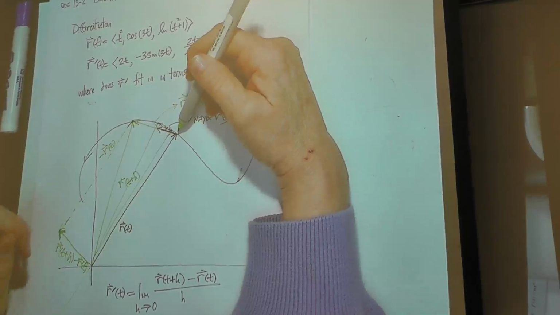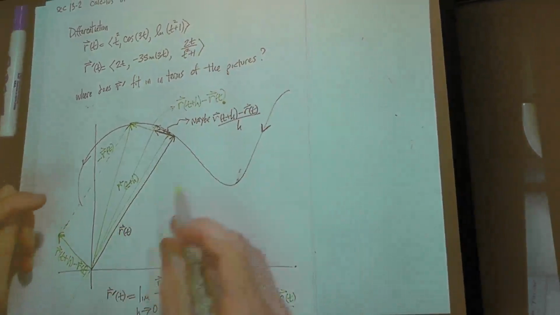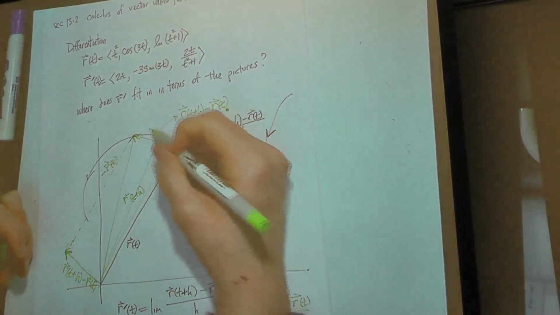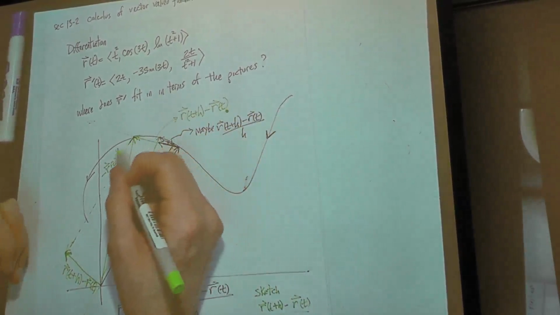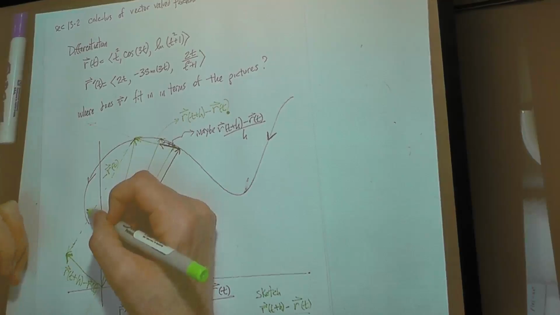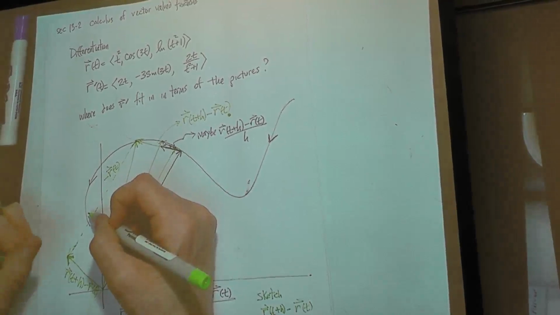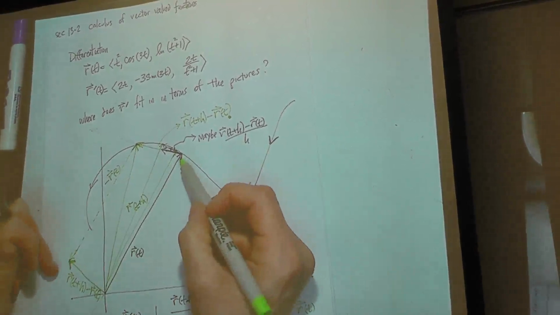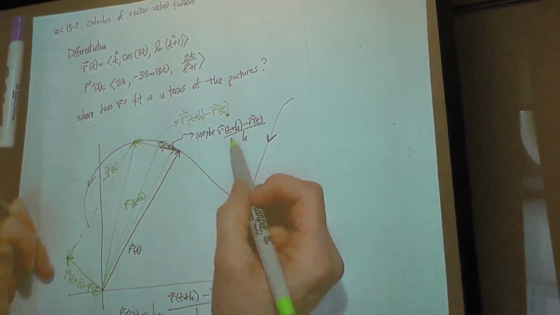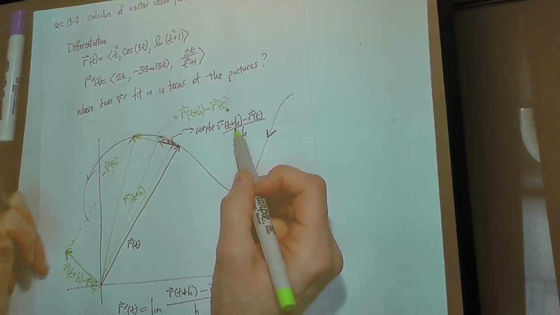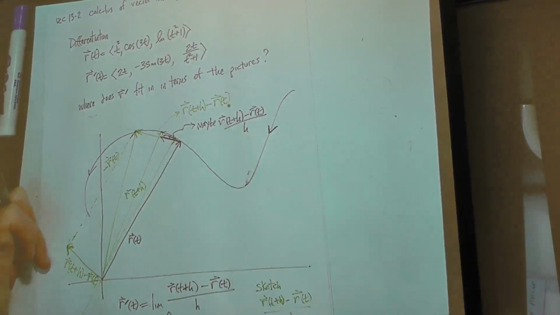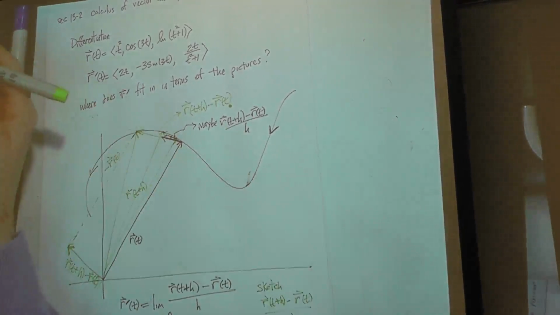One extra piece of information, it's not only tangent, but it points in the direction of motion of the particle. So had h been negative, we would have, prior to dividing by h, had a vector back this way, but dividing by a negative number would shoot it back this way.